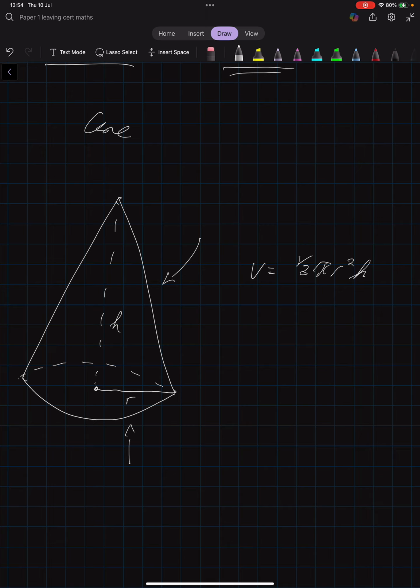Another important thing is that your curved surface area is equal to pi r l, and your total surface area is equal to pi r l plus pi r squared. So l is this length here.